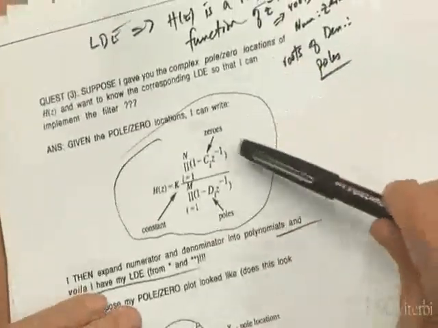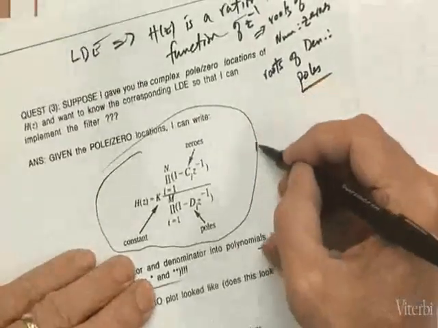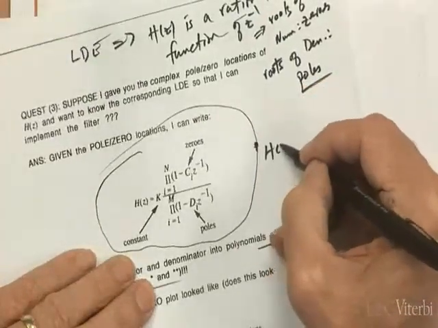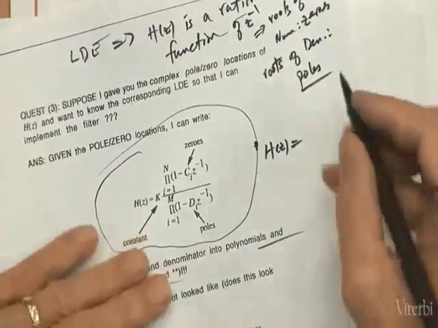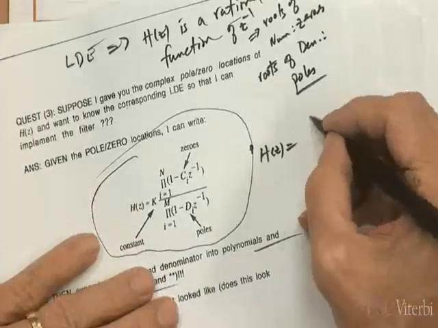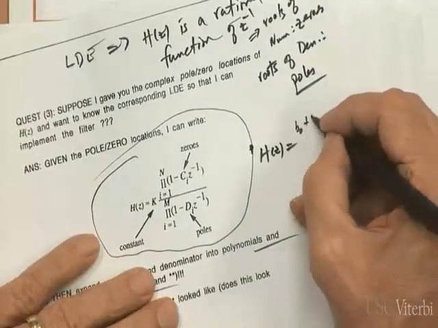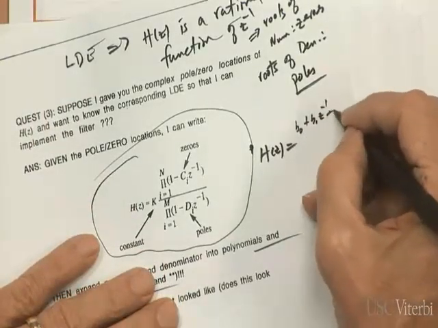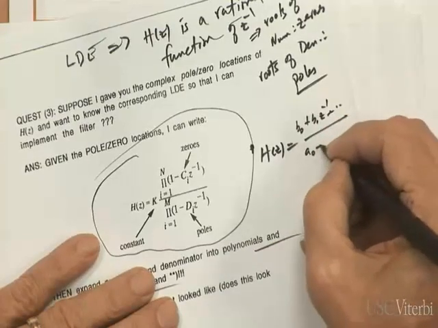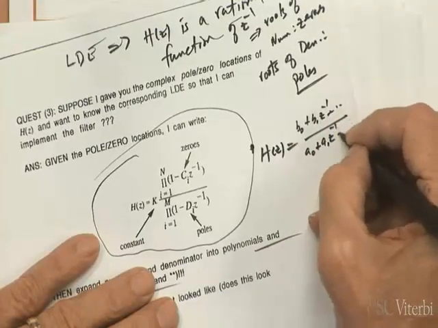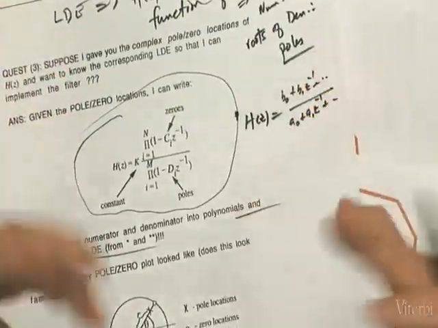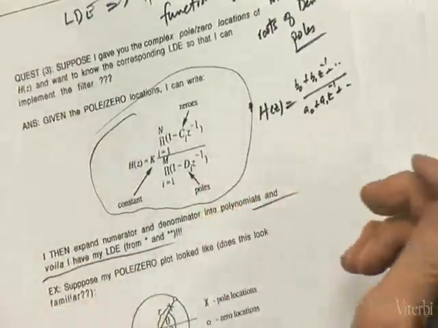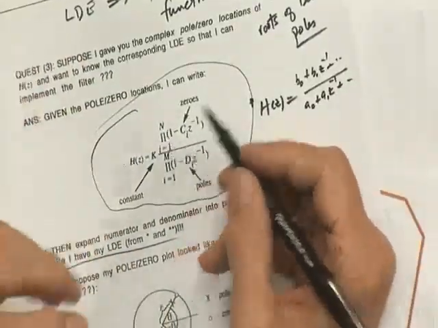So H(z) for a linear difference equation is in the form we just derived, b0 plus b1 z inverse plus dot dot dot over a0 plus a1 z inverse dot dot dot. If I give you the poles and zeros, you can write both numerator and denominator in factored form involving z inverse.